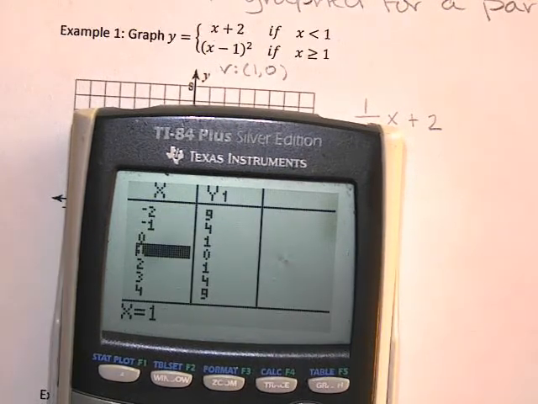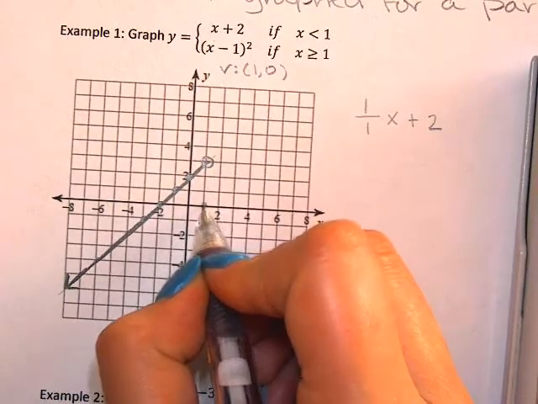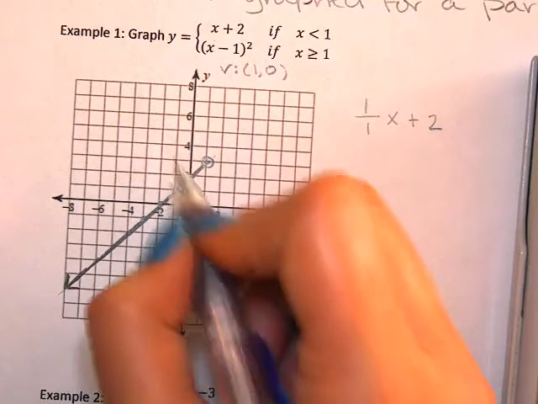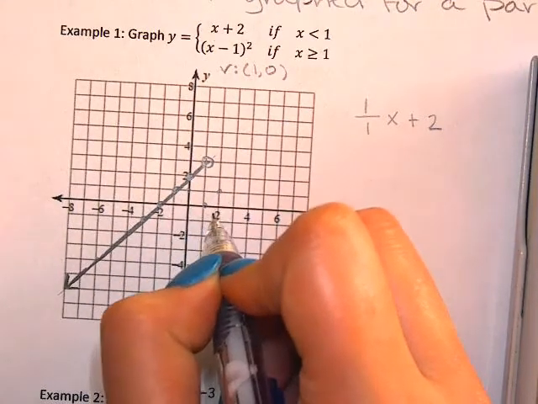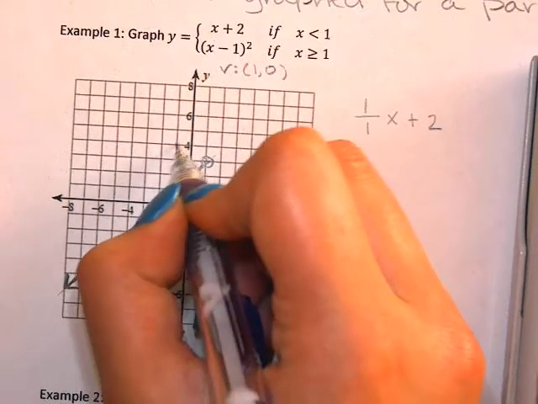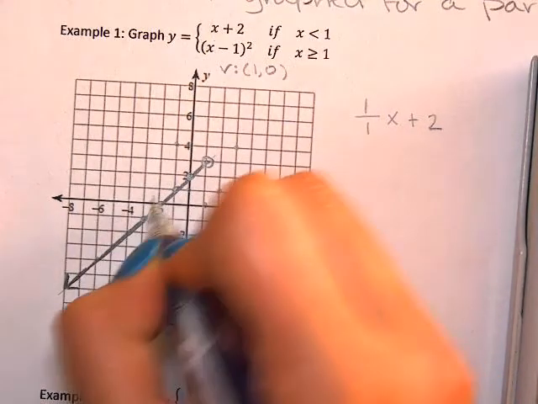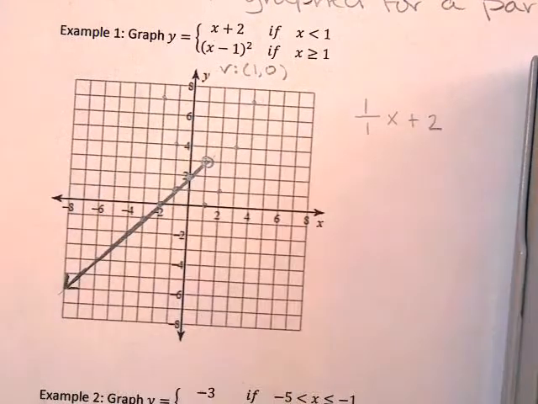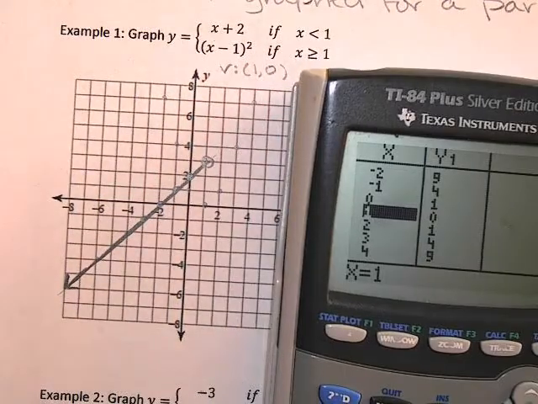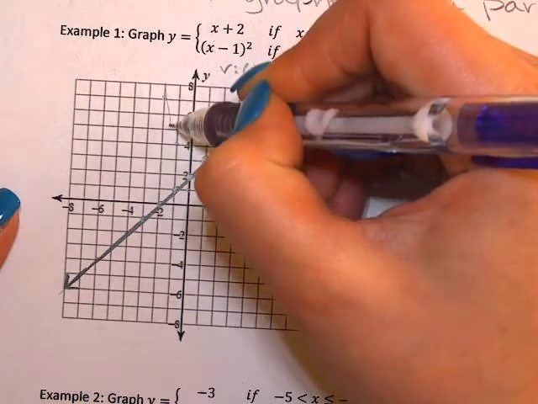So I'm going to look at (1, 0), and then I'm going to do the points on either side of that. So I have (0, 1), (2, 1), (-1, 4), (3, 4), (-2, 9), (4, 9). So those are all the points that I could see on here. Again, I'm going to very lightly draw that shape.